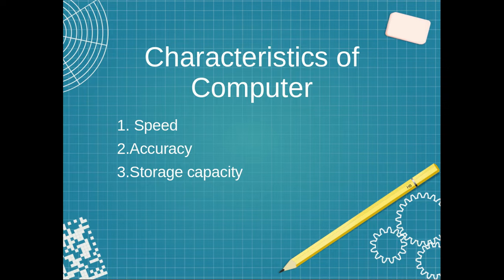So the computer has internal memory as well as external memory. Once the internal memory is full, or if you want to store the data, you can attach the external memory to the computer and store your data in the external memory as well.